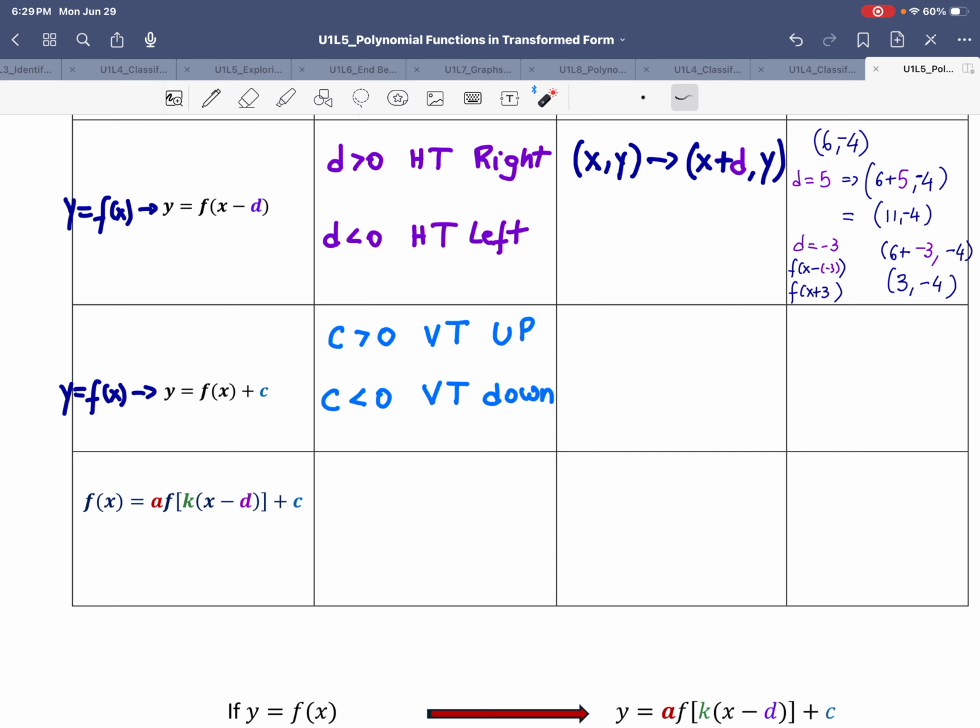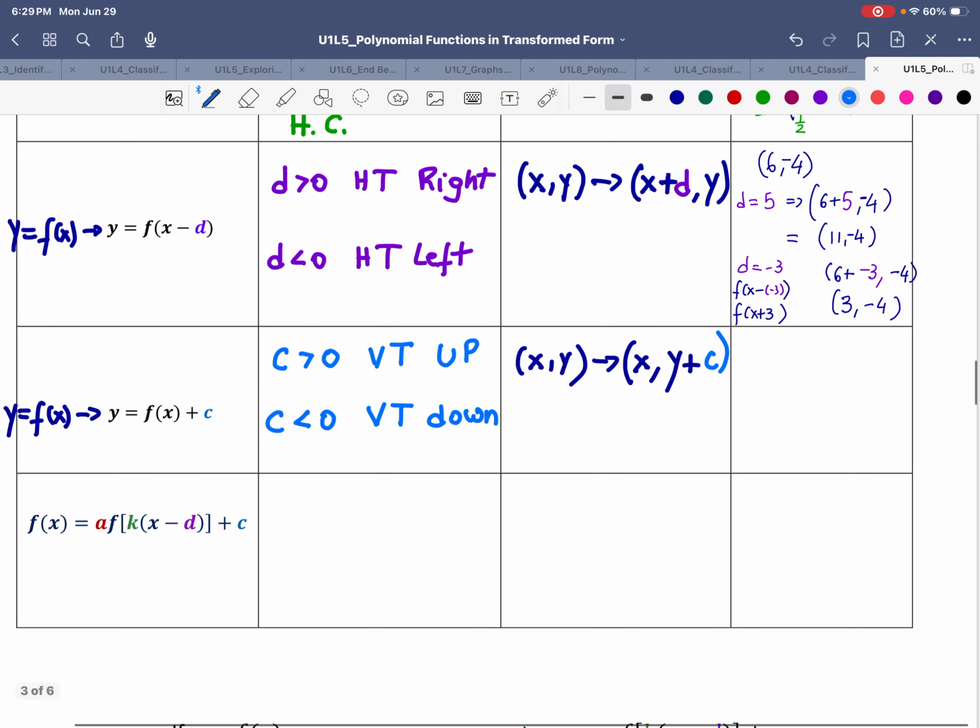Now, what happens to the coordinates of the point x, y on the parent function? The x coordinate will stay the same, but the y coordinate this time will move c units. If c is positive, it's going to move up, and if c is negative, down. So let's take a look at an example.